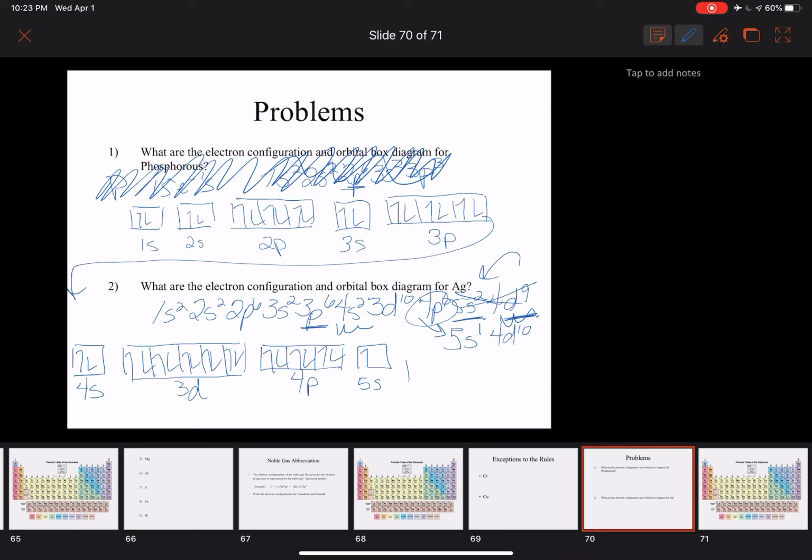And then we have more d's. We have 4d10. So that's a lot of boxes and arrows to draw, but this combined with this right here is the orbital box diagram for silver. And that concludes chapter 2, my friends.